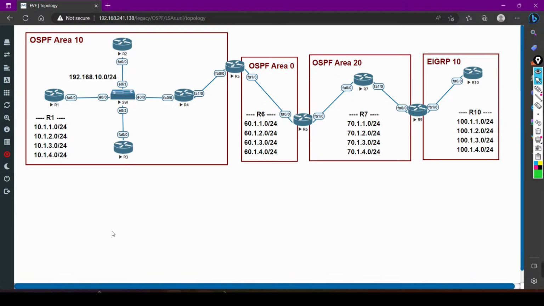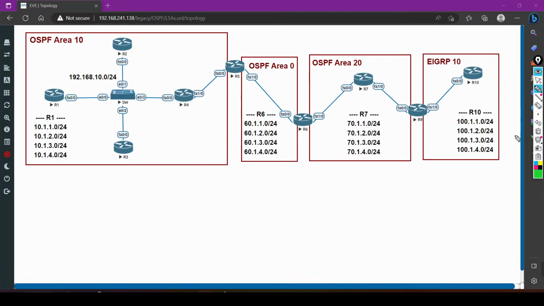R5 and R6 sir. There are no backbone routers. Is there any router whose all interfaces belong to area 0? No, sir. No backbone router. How many internal routers are there? 5. Yes or no? 4 here: 1, 2, 3, 4. And 1 is here. So 5 internal routers are there.